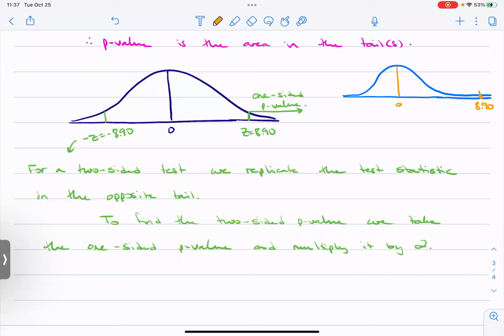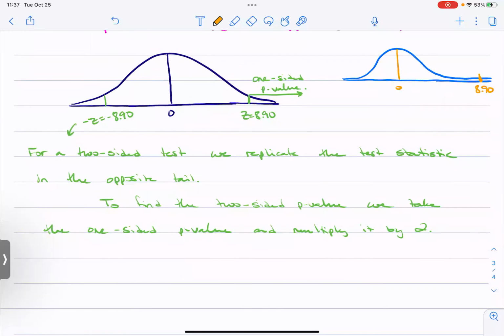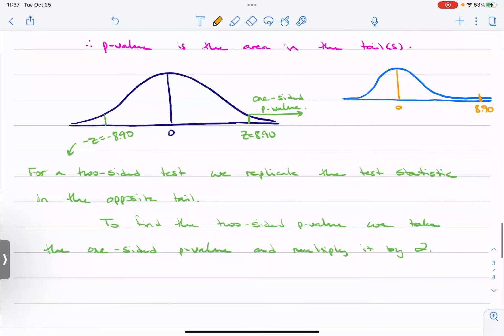I'm just using the normal distribution to visualize the problem.